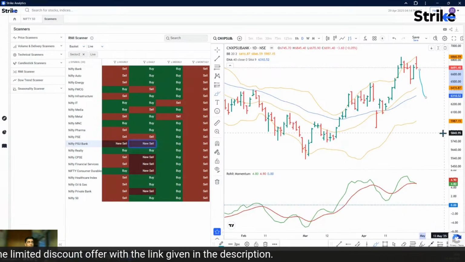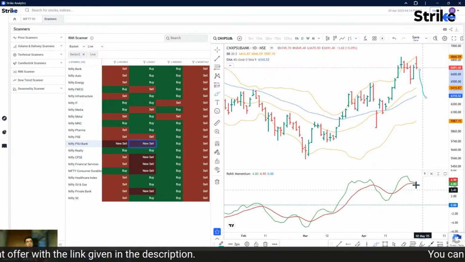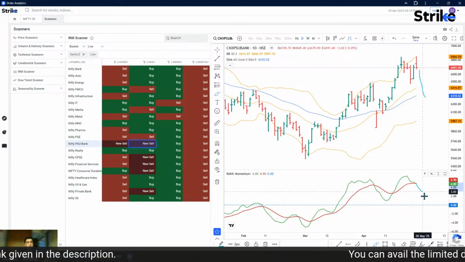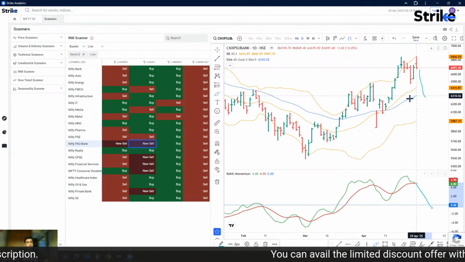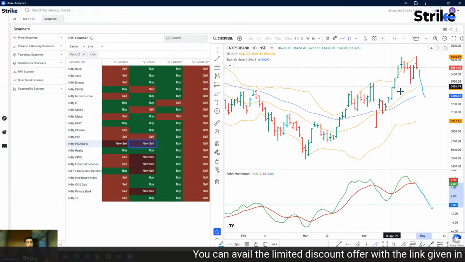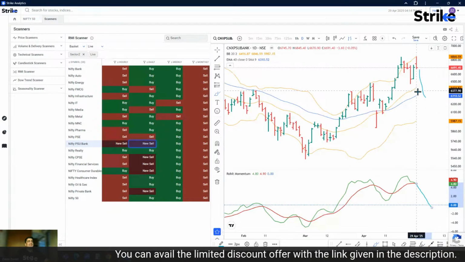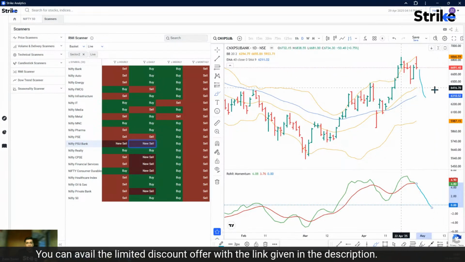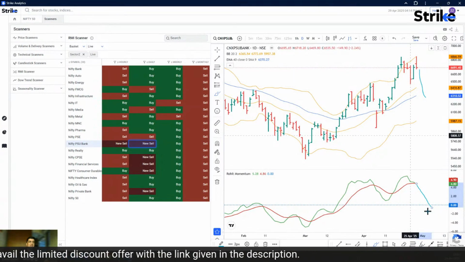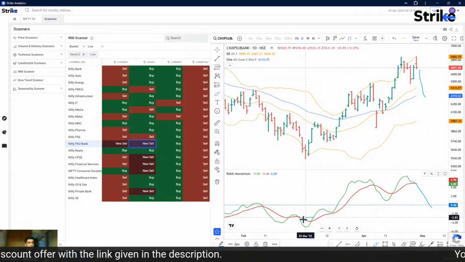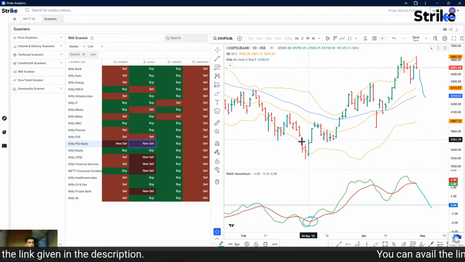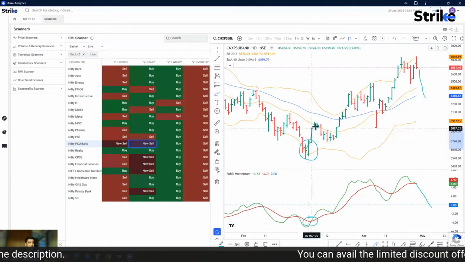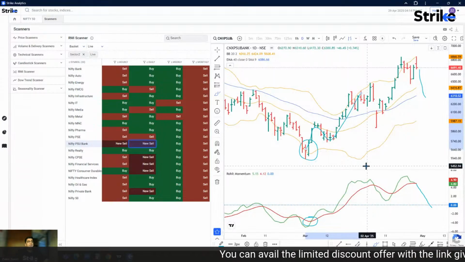But if prices go below the moving averages, and RMI also goes down below the zero line like this, then on this particular daily time frame chart it would be a kind of bearish situation. And then probably we will wait for something like this to happen, and take a trade accordingly.